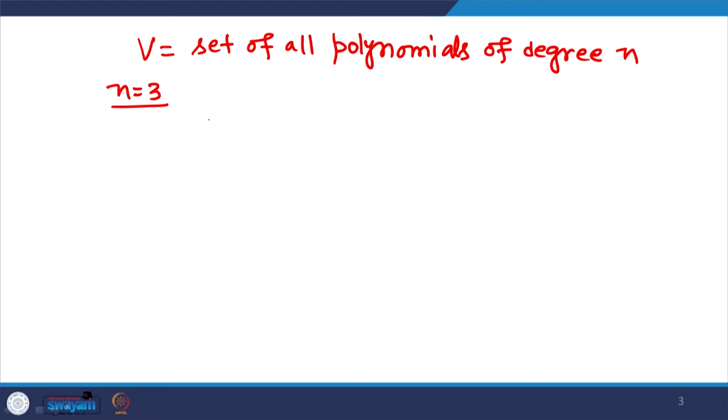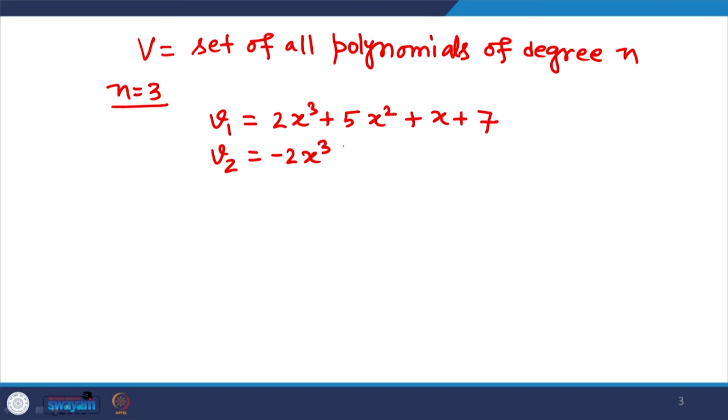Let us say V1 is 2x cube plus 5x square plus x plus 7, and I am taking another vector V2, minus 2x cube plus 3x square plus 4x plus 1.